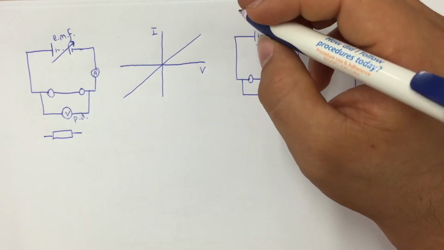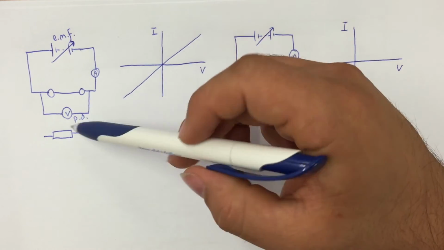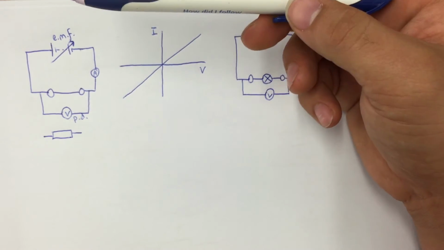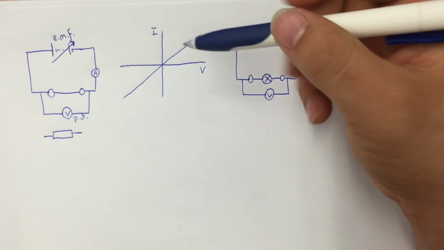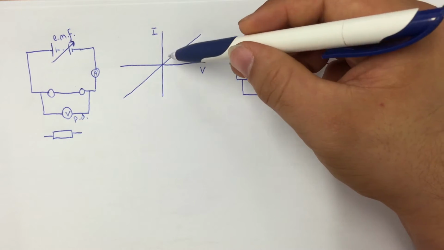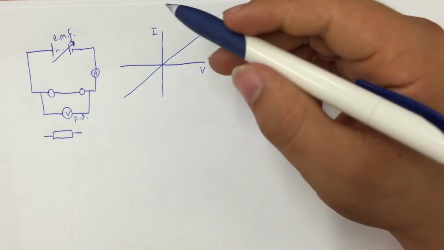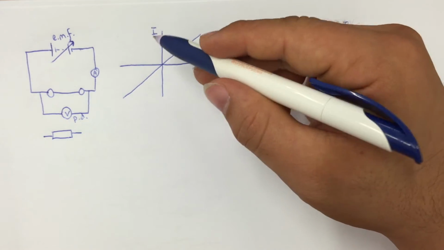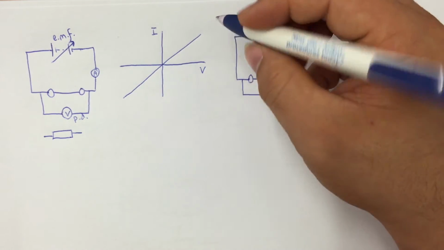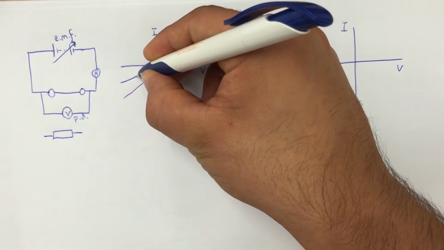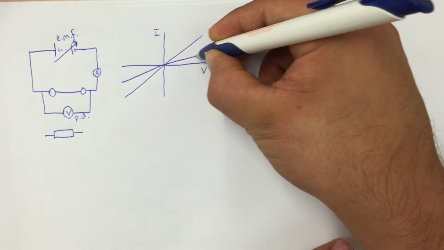Now just to clarify, if I had a fixed resistor or a wire that had a bigger resistance, well, if the gradient of this line was resistance, then obviously the gradient would get steeper. But since the gradient is equal to 1 over the resistance, as the resistance increases, it actually gets shallower.